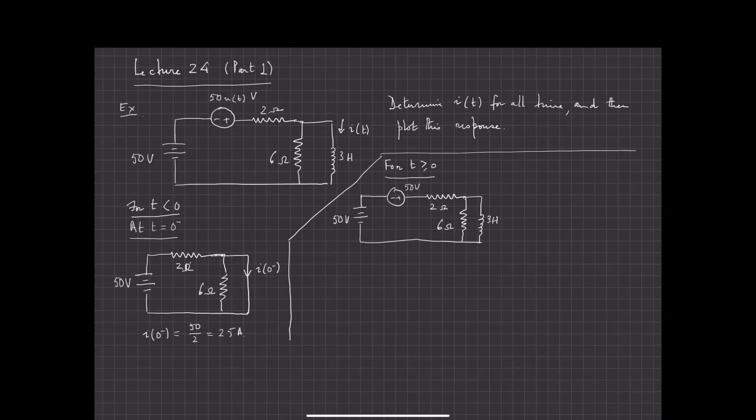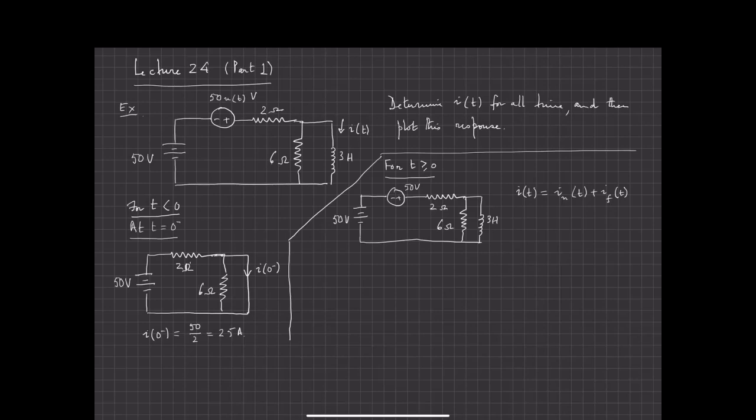I know that the solution I of t, this is all for t greater than or equal to 0, must equal some I natural of t plus some I forced of t.